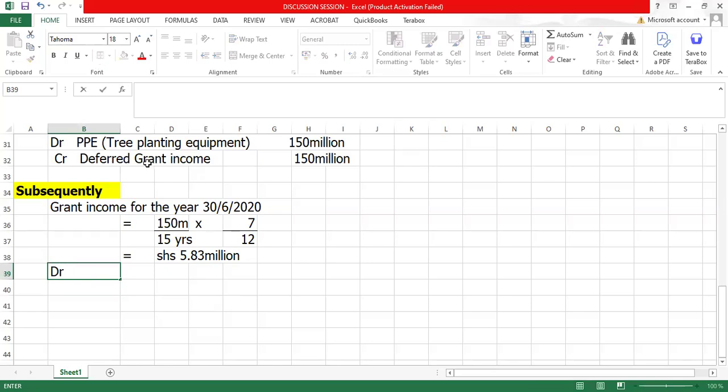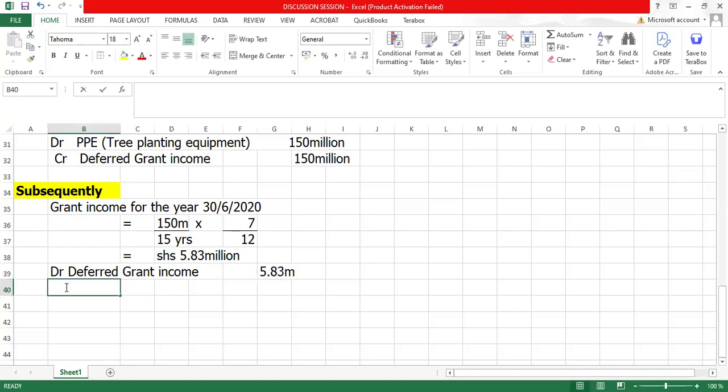So you debit deferred grant income by 5.38 million.